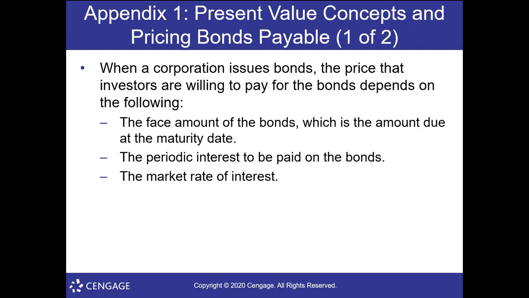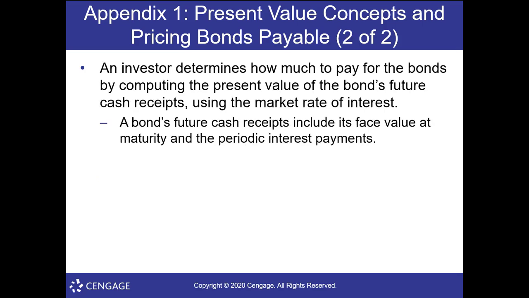All right. To calculate the selling price of a bond, you'll need the face value, whether it pays semi-annual or quarterly interest, the face interest rate, and the market rate at the time of sale.